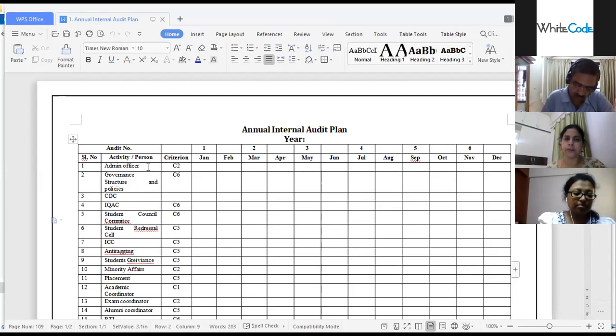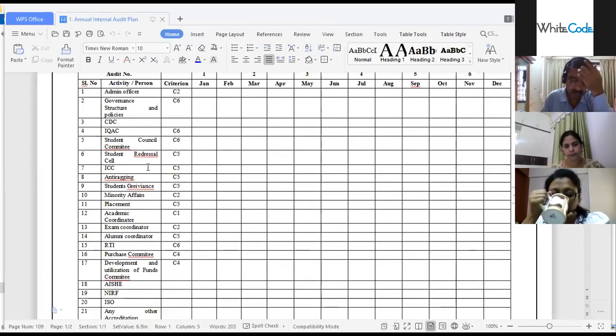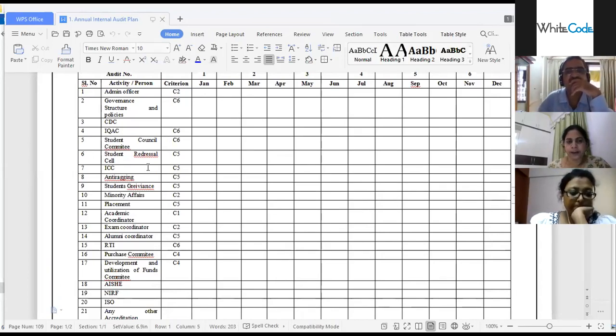Governance structure and policies, if you are checking, comes under criteria 6. In the same way, IQAC comes under criteria 6. So here you can see anti-ragging, student grievance, minority affairs. Also I have tried to put ISHE, NIRF, ISO, if at all you have.